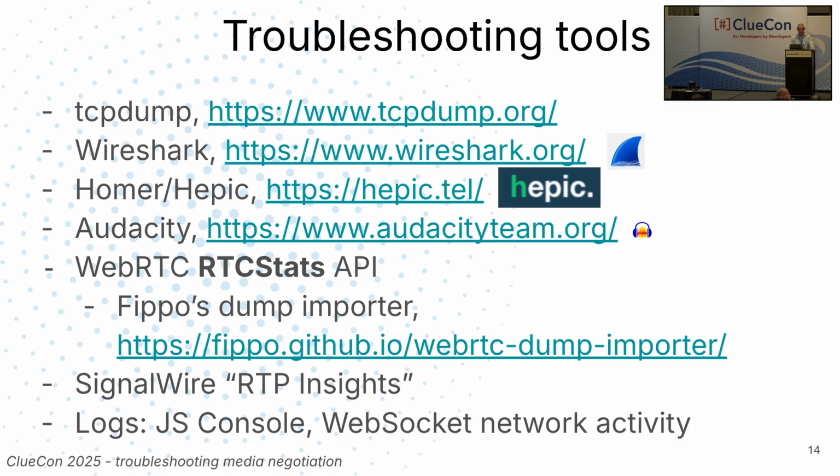We have an internal tool called RTP Insights that we use. In some cases we collect network traces, and it's able to select the relevant RTP streams and STUN activity and provide some sort of analysis offline.